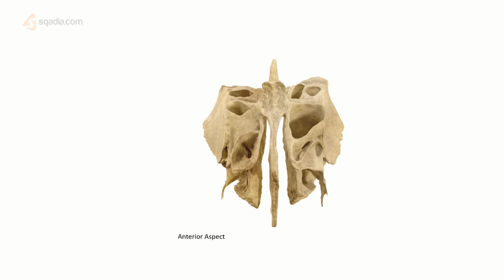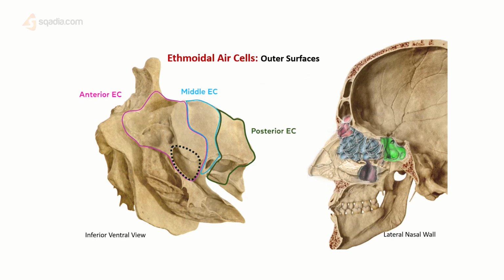Now, when we look at the unarticulated bone, it displays open air cells. So all of these air cells, you could say their mouths are open. There's nothing covering them. But in the articulated skull, the cells are covered by the adjoining bones. So the anterior surface articulates with the frontal process of the maxilla.